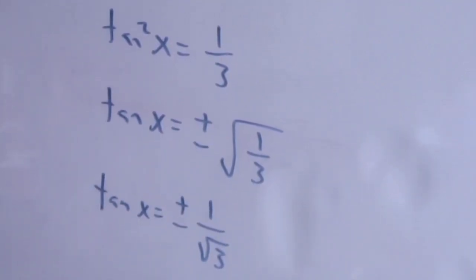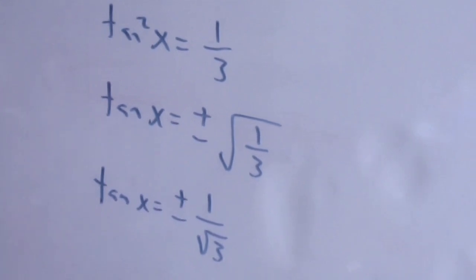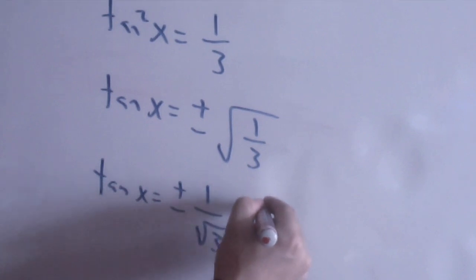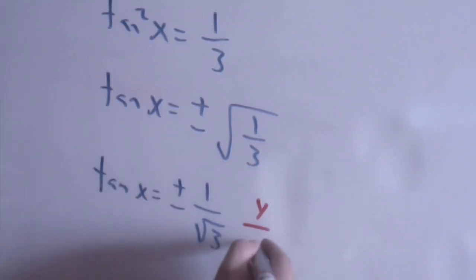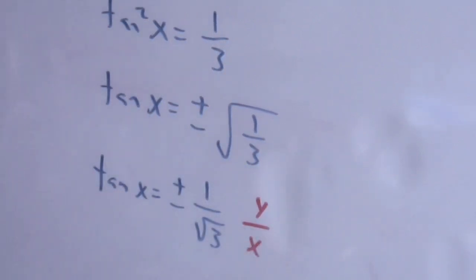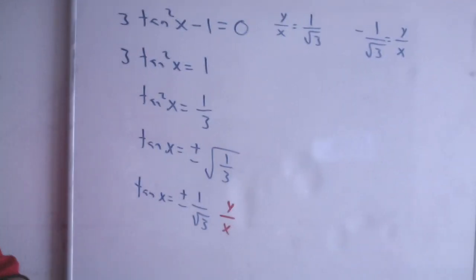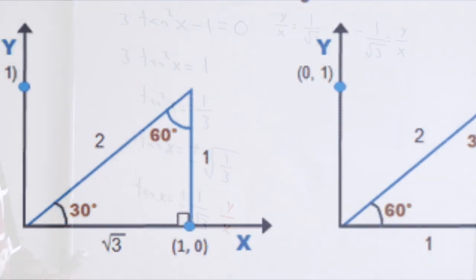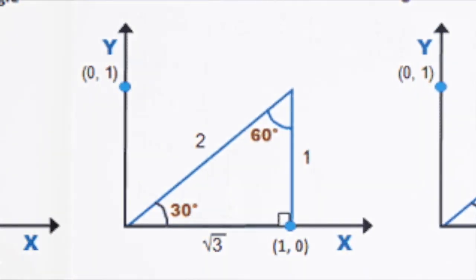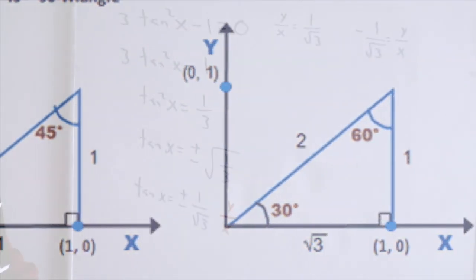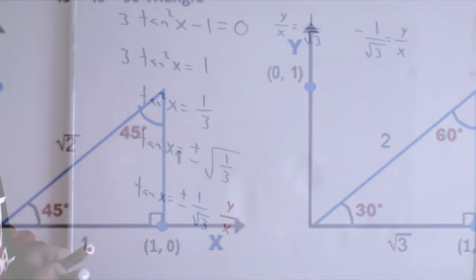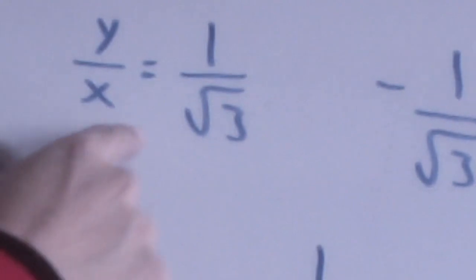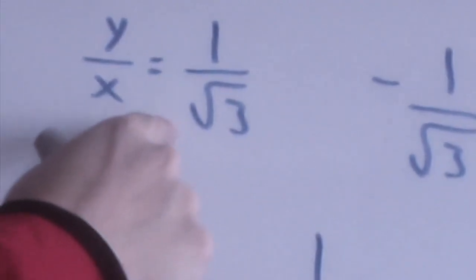So tangent in letters is y over x. Okay, so what triangle has the y 1 and the x square root of 3? That's a triangle of 30 degrees. Okay, now I have to look for the quadrants where tangent is positive.